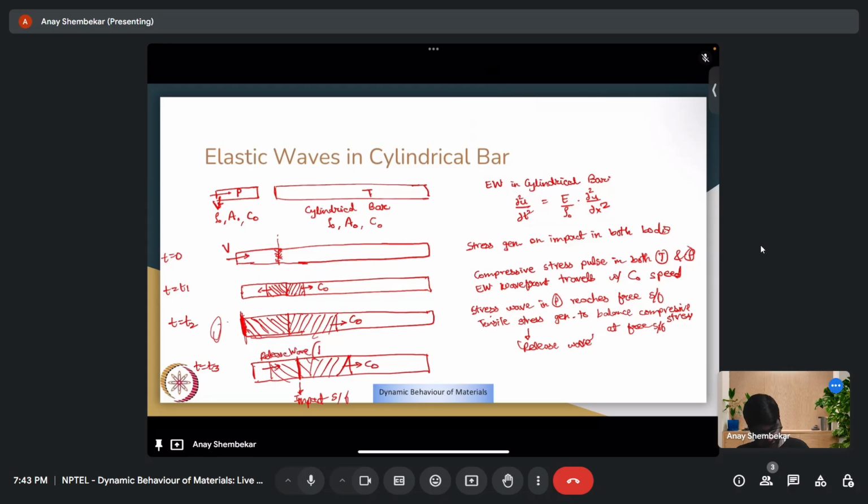I write it in short as RLW, release wave. So this whole packet of stress now basically moves forward into right hand side till say it encounters another boundary.